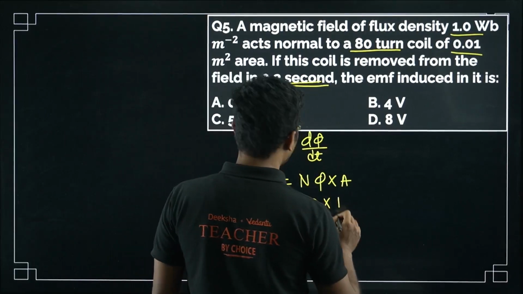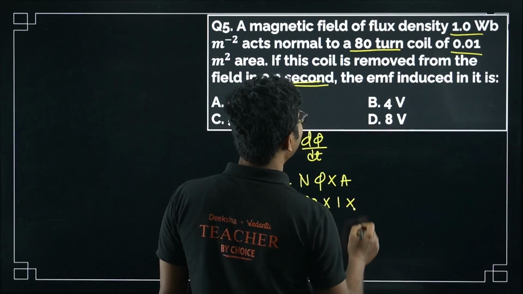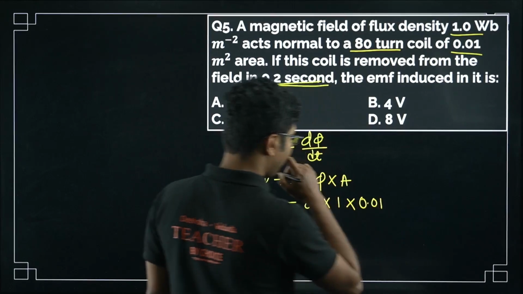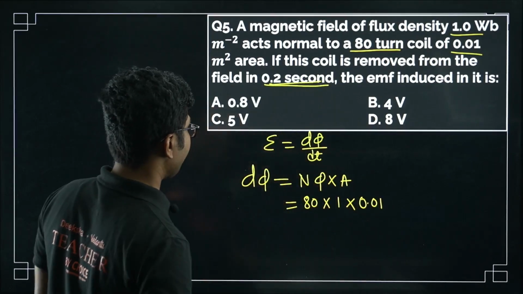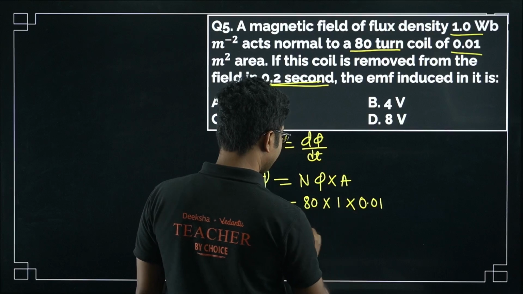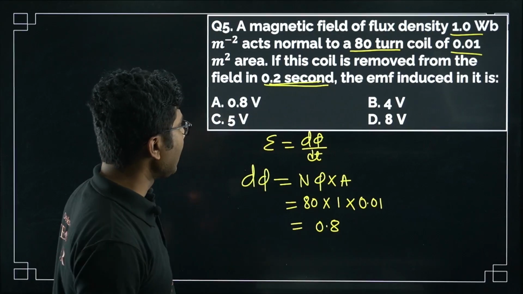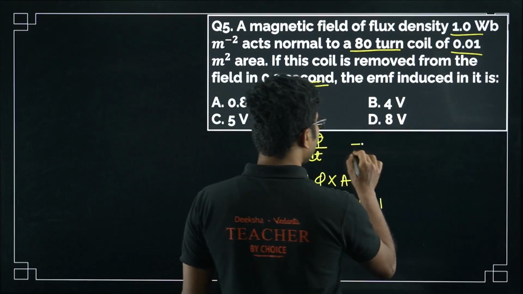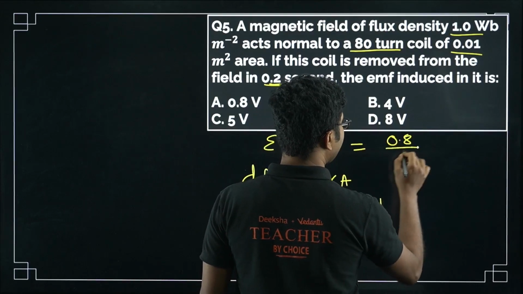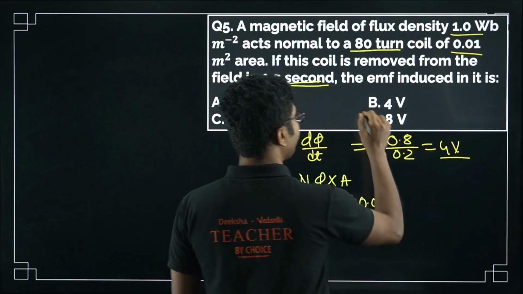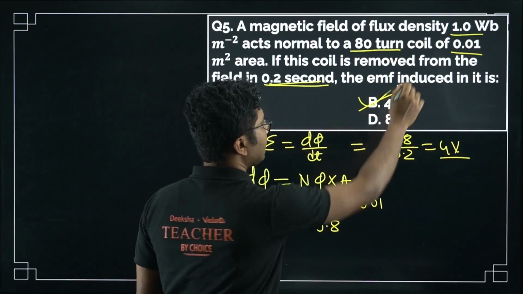Flux density is 1 Weber per meter square, and area is 0.01 meter square. So it is basically 0.8. 0.8 is d phi. Now we have to put the value over here. So 0.8 divided by 0.2, so it will be 4 volt. Simple, 4 volt is the correct answer in this question.